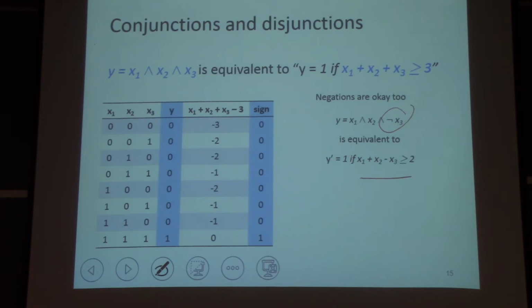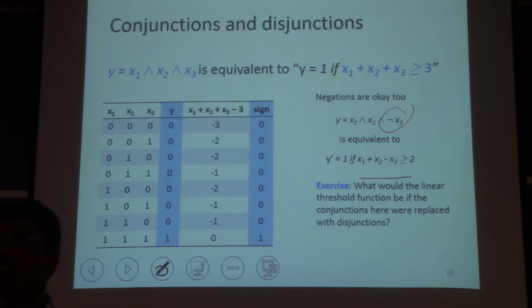A similar sort of claim can be made for disjunctions. Simple disjunctions, basically monotone disjunctions or disjunctions which have negations, are all linearly separable. And disjunctions are functions that are saying x1 or x2 or x3.